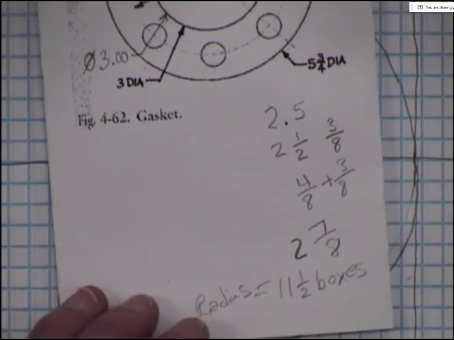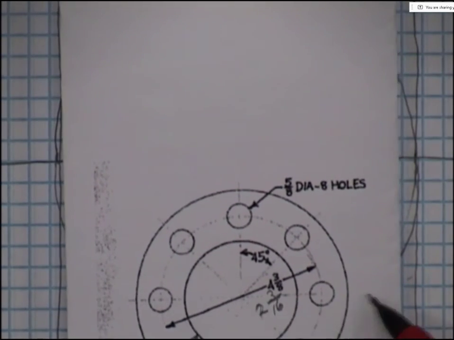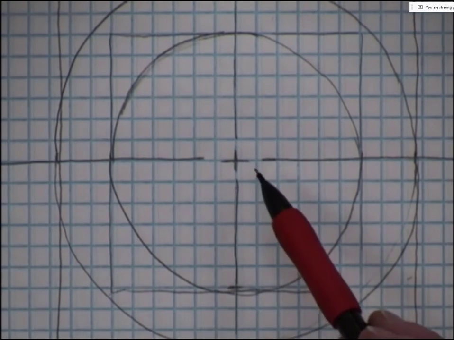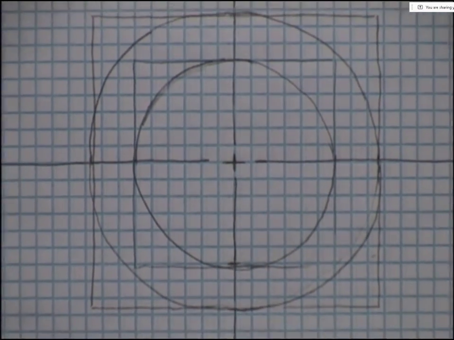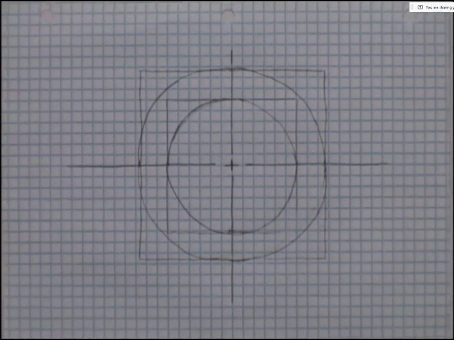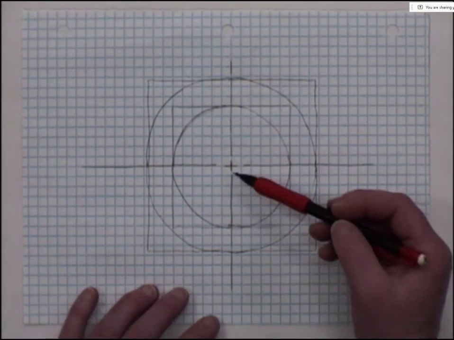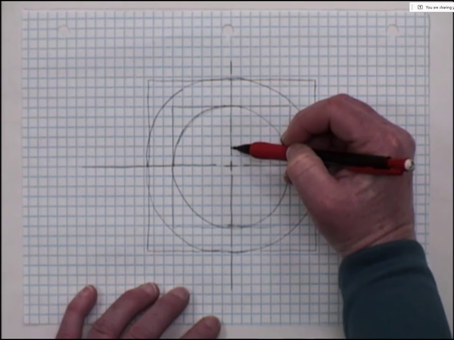Okay, so from all sides of our center point, we're going out 11.5 boxes from the center point to get that construction box for our large circle. So from the center, go out 11.5 boxes on all sides.